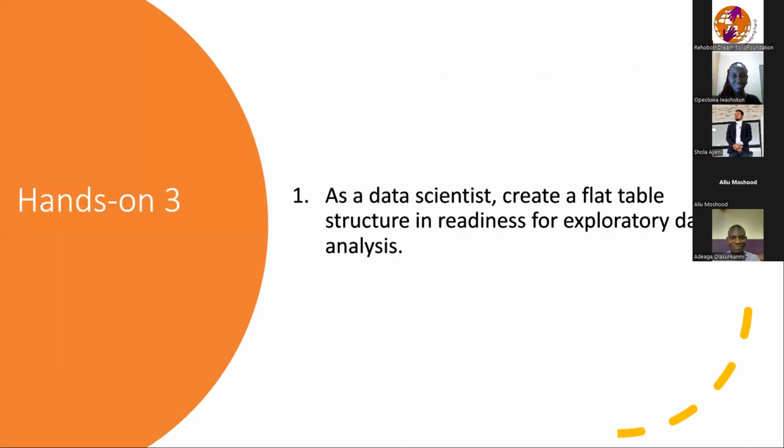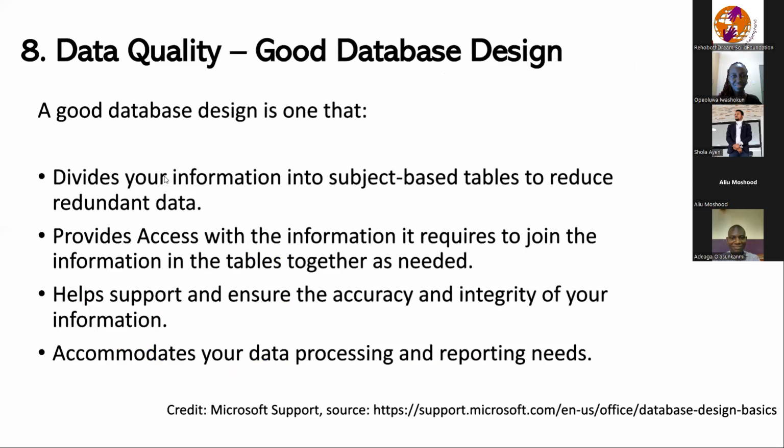Like I explained earlier, a good database, or just take this as a collection of tables, is one that divides your information into subject-based tables to reduce redundant data, and then provides access with the information it requires to join the tables together. There is the concept of primary key to identify a unique record, and when you link primary keys between tables, that forms what we call a foreign key.